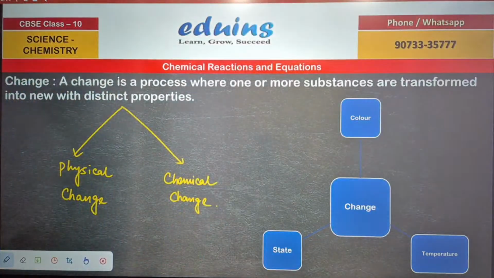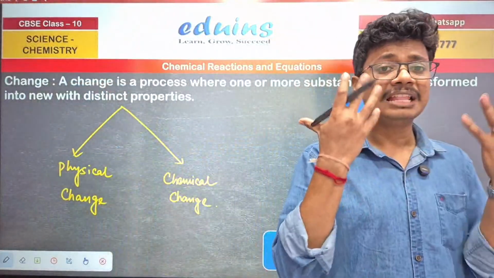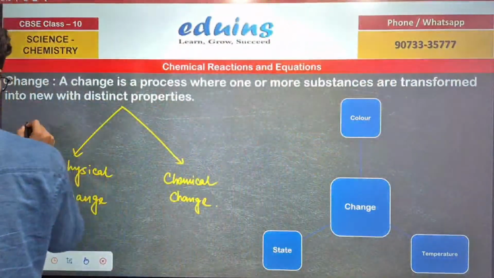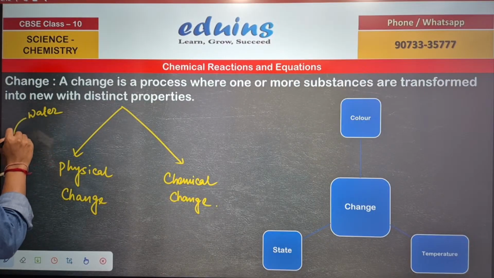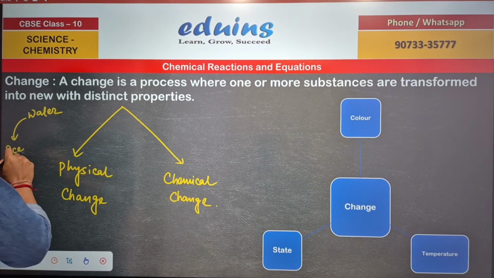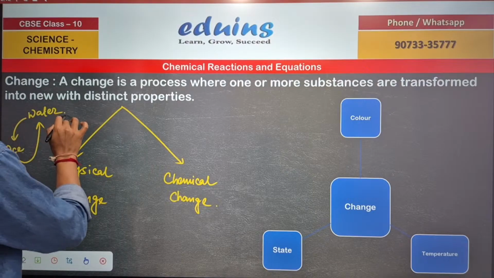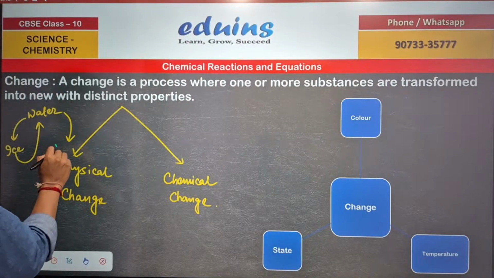So what is physical change? Physical change is actually changing the physical condition. Like the water frozen, or freezing the water, will form ice. When this ice is heated, it will transform into water. When the water is heated, it will form water vapor.